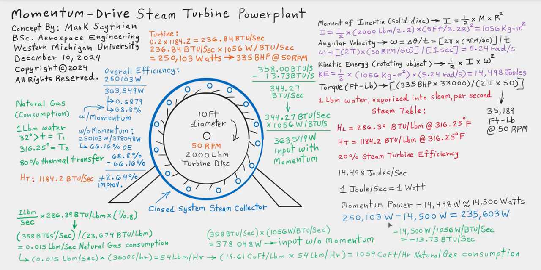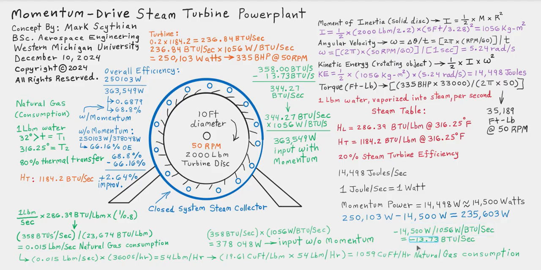So we can go back and take this value here and calculate the 358 BTUs per second without the momentum assist, and then subtract 13.73 BTUs. So we got that from taking 14,500 as the difference, dividing it into 1053.